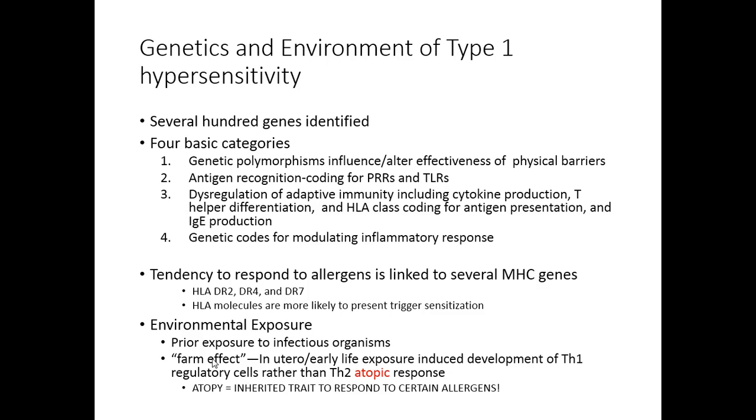We have seen study after study looking at what's called a farm effect, and that is that either in utero or in early life exposure, people that were exposed to antigens at a higher rate were induced to develop not T helper 2 cells, but were more likely to develop those normal T helper 1 cells that will suppress the overproduction that we saw with T helper 2 cells.